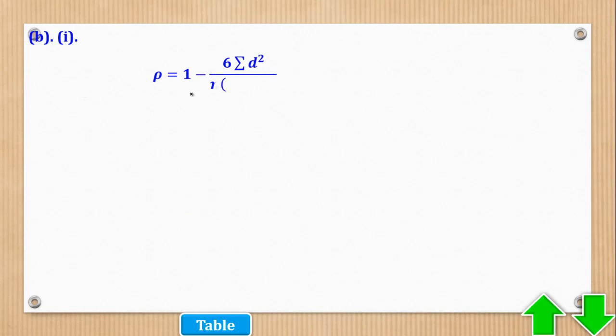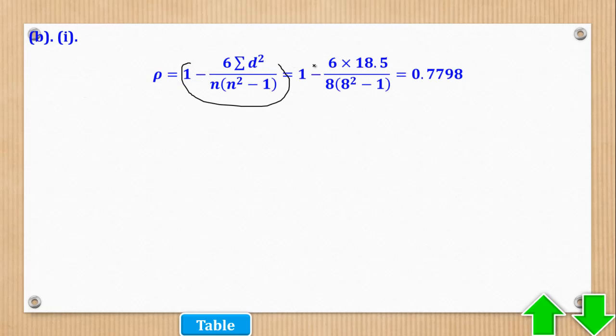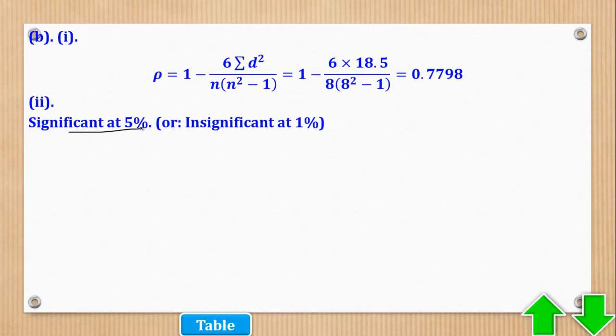So here you shall come and quote the formula from the logbook, substitute and get the output. The next is to comment. So either say significant at 5% or insignificant at 1%. Now, how do you know when to say significant or insignificant? You will get it from the logbook.